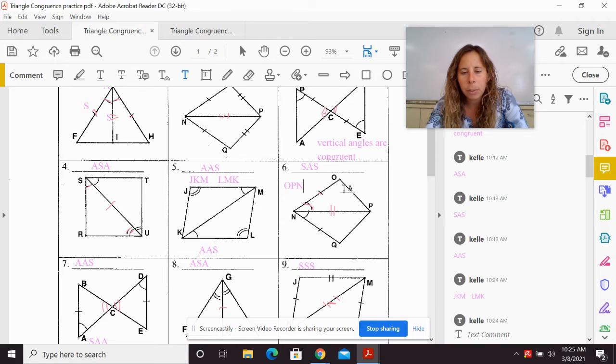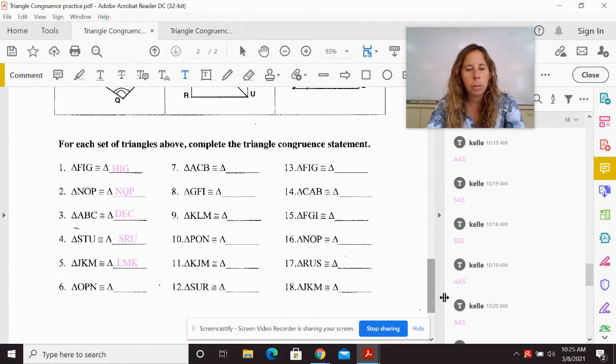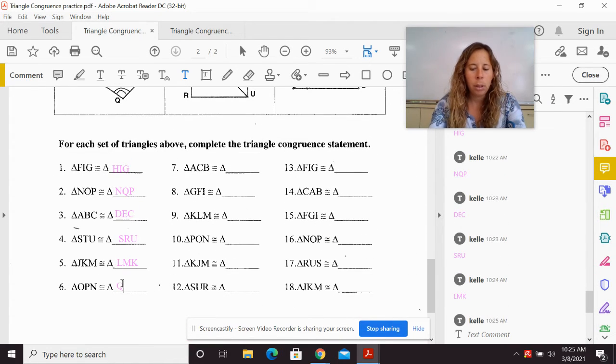Q. And then P is congruent to P. Oh, that's boring. And then N is congruent to N. See how they both have the 1 mark? So QPN. All right, number 7, ACB.